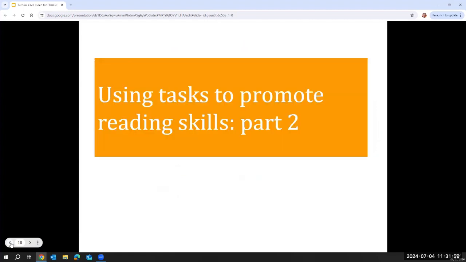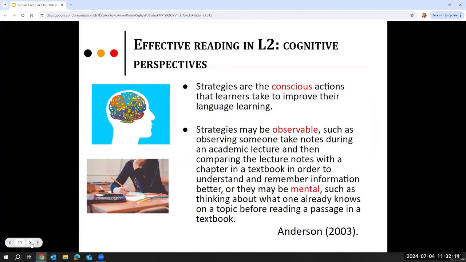So if we go into the idea of reading skills and reading strategies and using this kind of tasks to promote such reading skills and strategies, we need to consider the different cognitive perspectives.